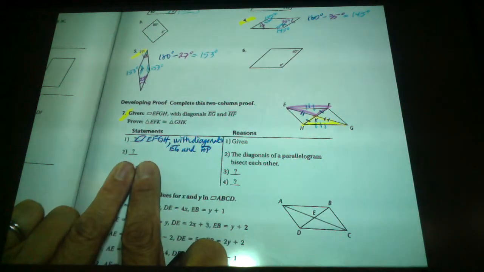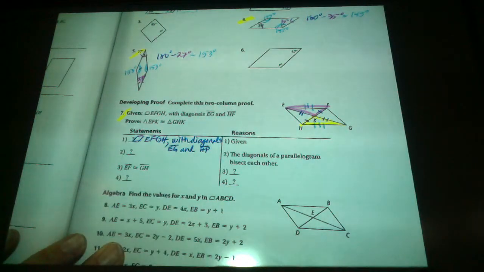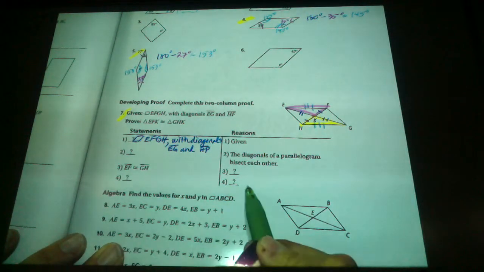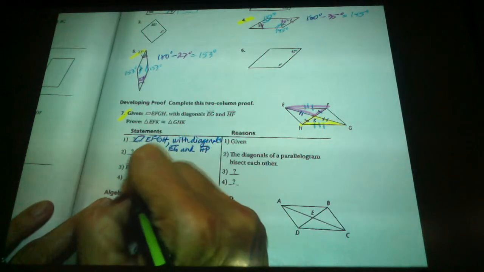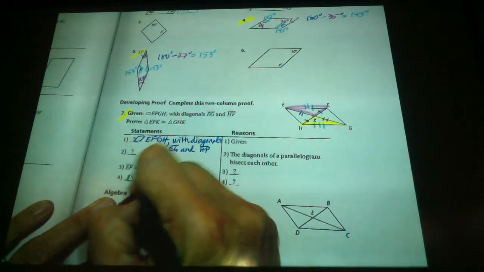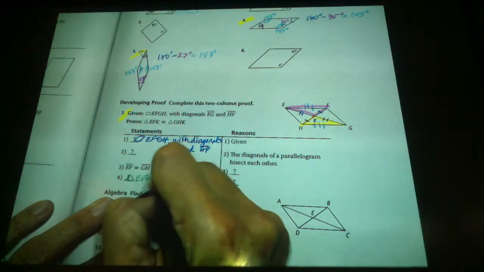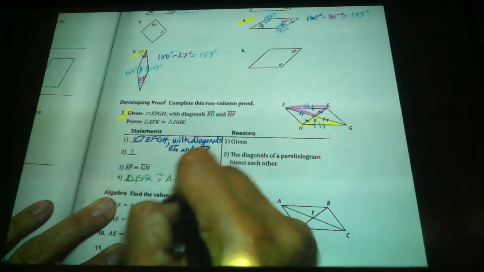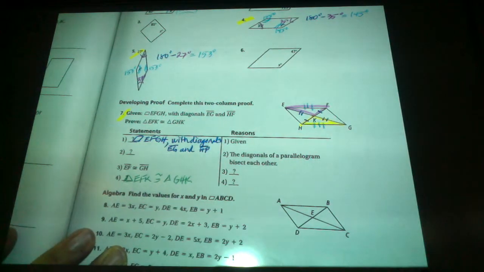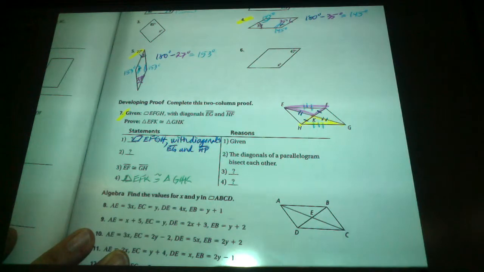What do you think is going to go here? We're trying to prove triangles congruent, because remember this last statement is going to be our proof statement. So this very last statement right here is going to be triangle EFK is congruent to triangle GHK. And so far, all that they have given us is this is a side length over here.